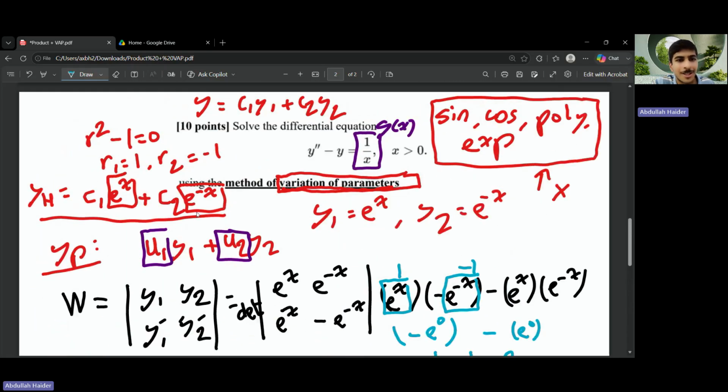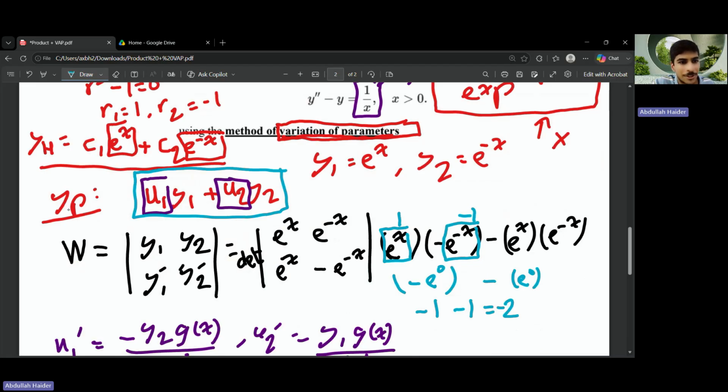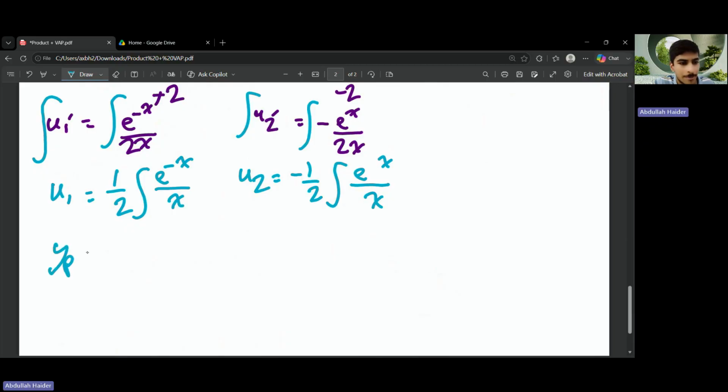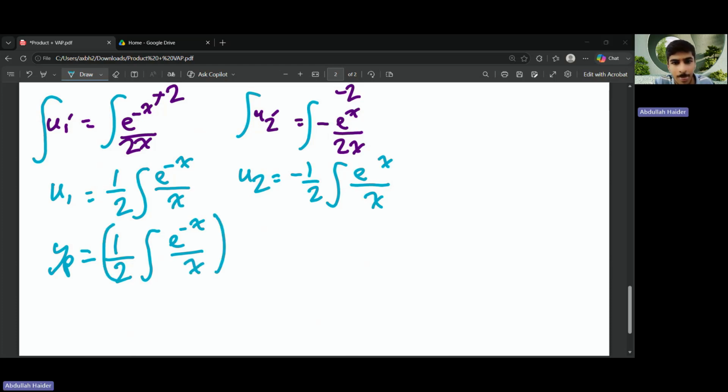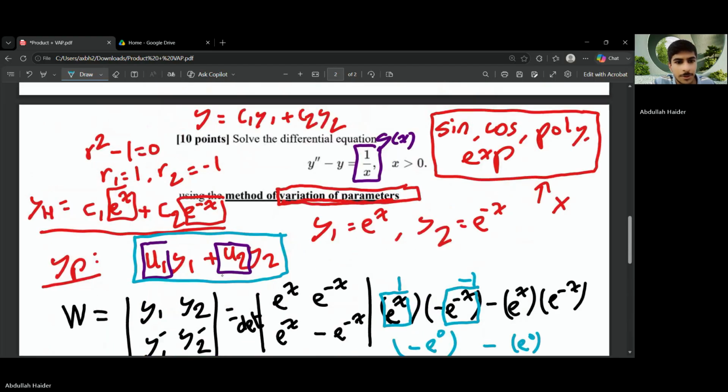He wrote this question. So now we can write our YP in terms of this. So YP is U1 Y1 plus U2 Y2. YP is equal to U1, which is 1 over 2 integral of e power minus x over x, this whole thing multiplied by Y1, which was e power x, plus U2 Y2.